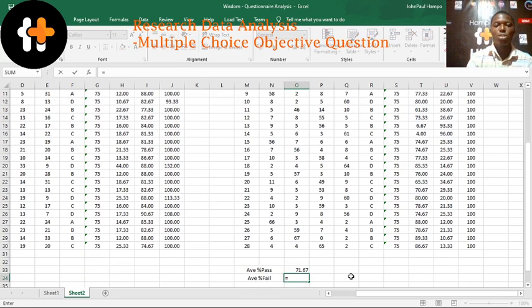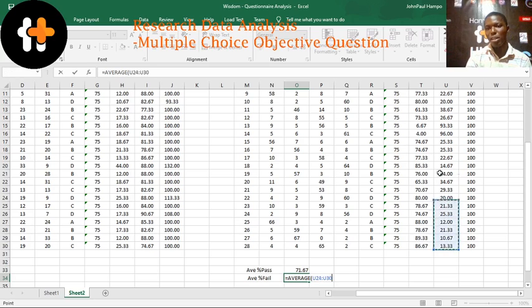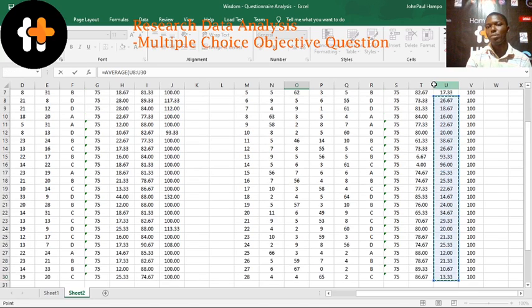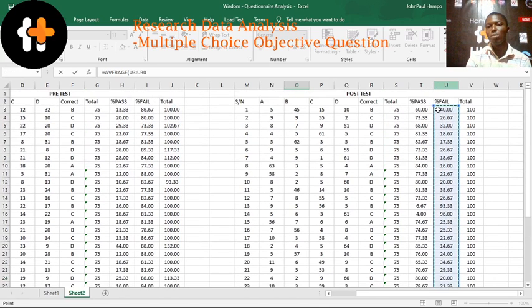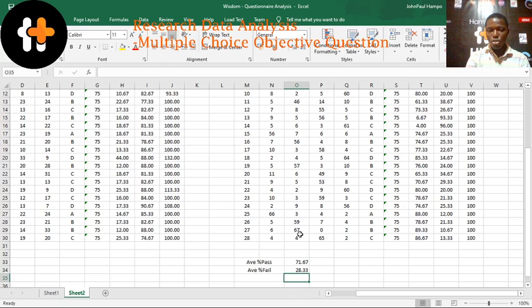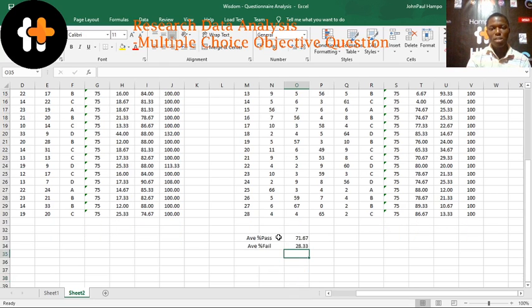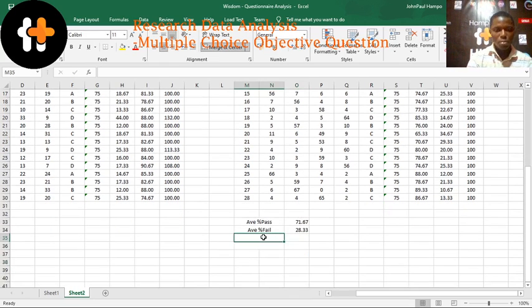Then this equals the average of those that failed. So we can also get our ratio and our significance.